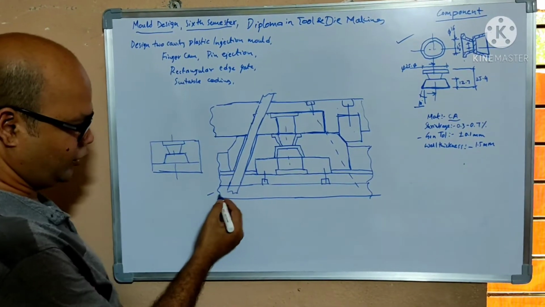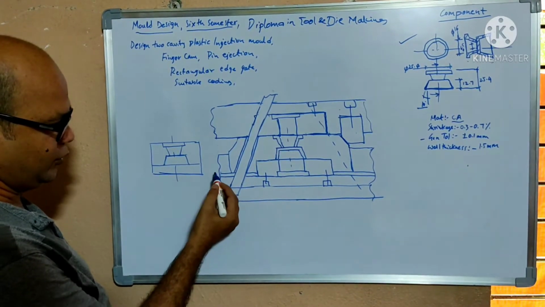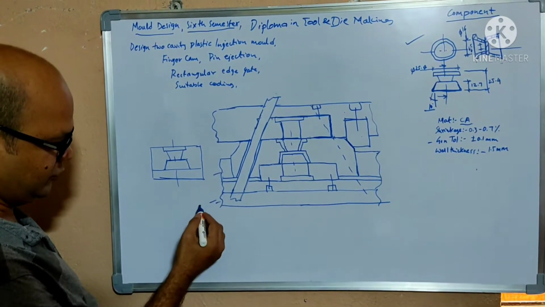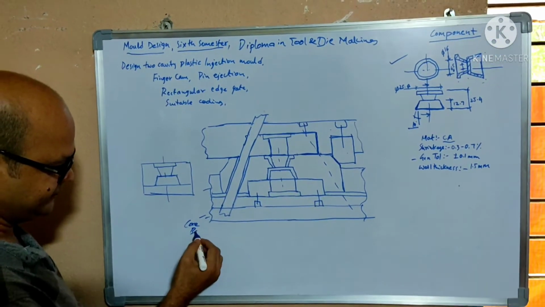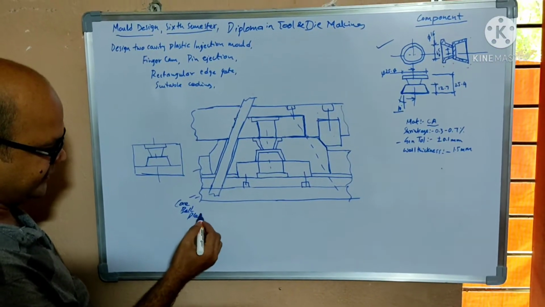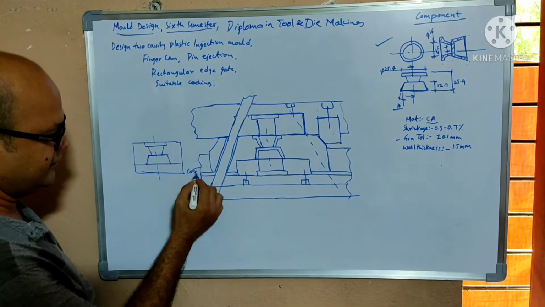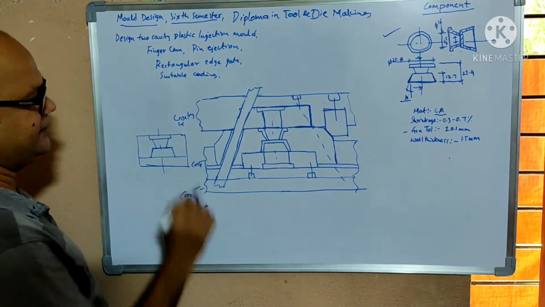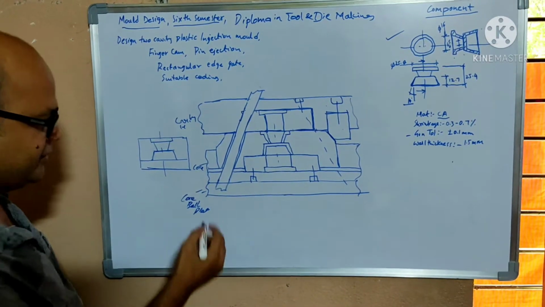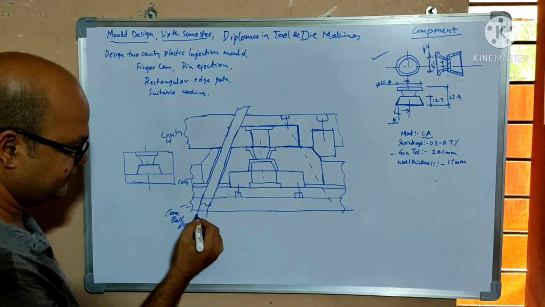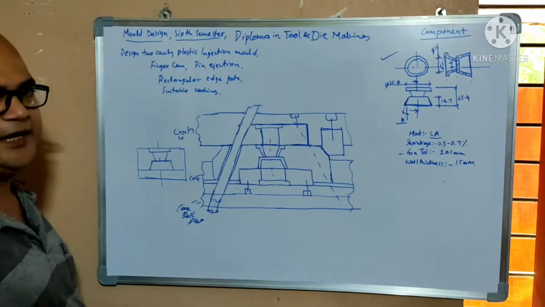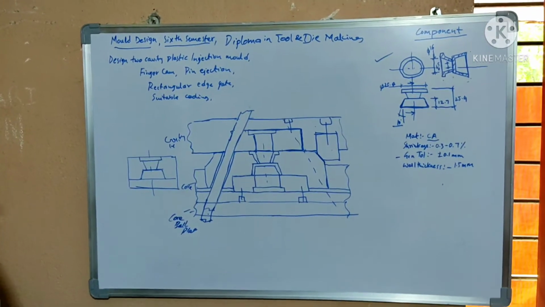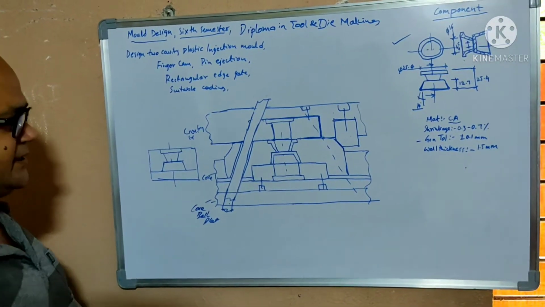This is the core back plate, core housing, core back plate, core housing, and cavity housing, and you are seeing here the finger cam, which is used to actuate the side cores.